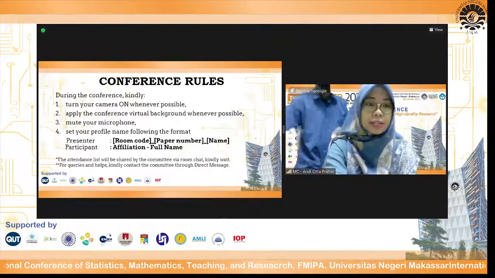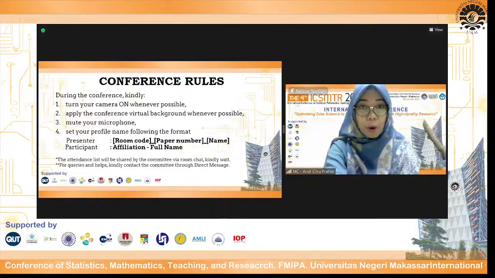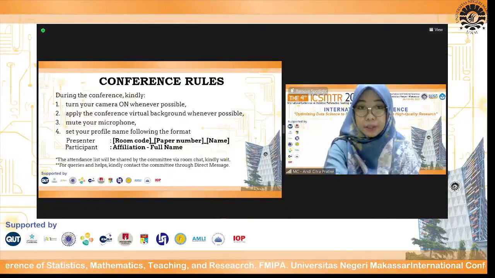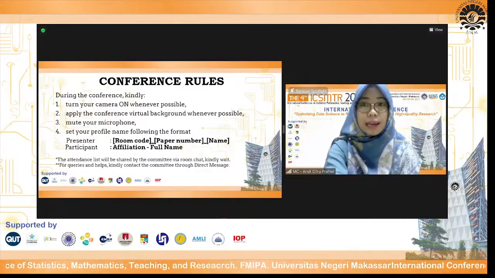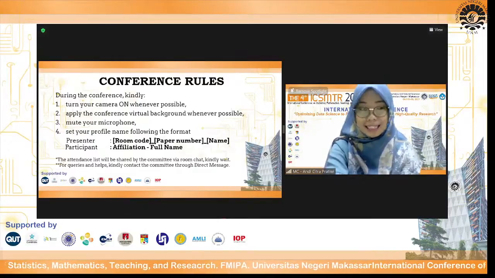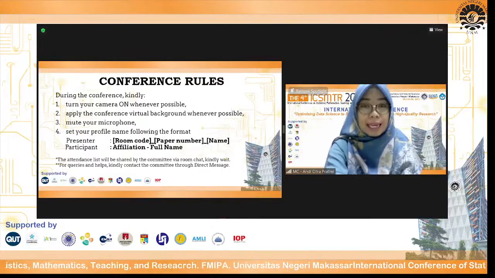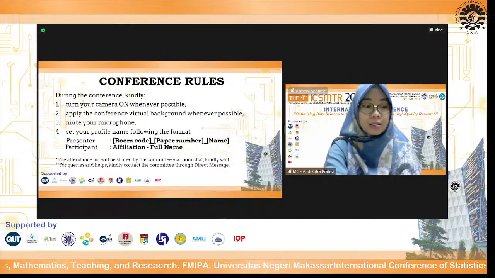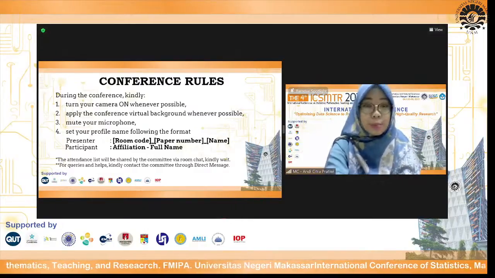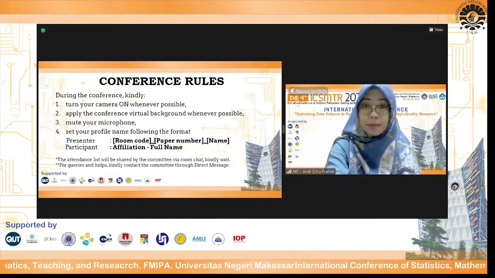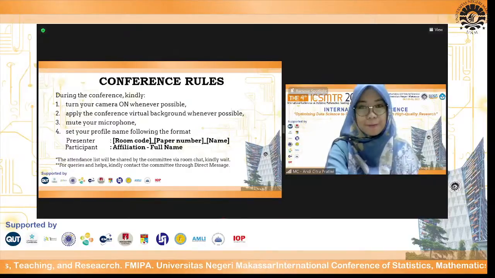Again, I would like to inform you that the breakout room is already opened. Rooms A and B will be about statistics, meanwhile room C will be about mathematics and also education.